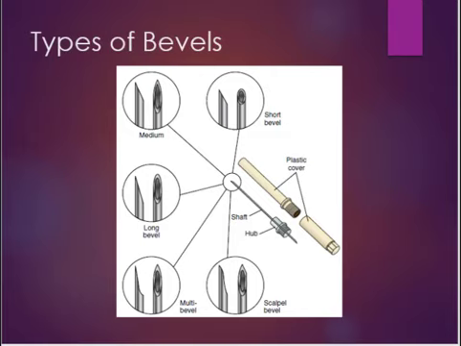It's important because patient discomfort can be minimized by the sharpness of the bevel. And we talked about the different configurations. It's important to remember that the bevel needs to be turned toward the bone for patient comfort.